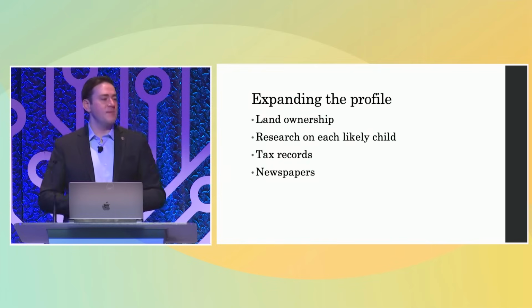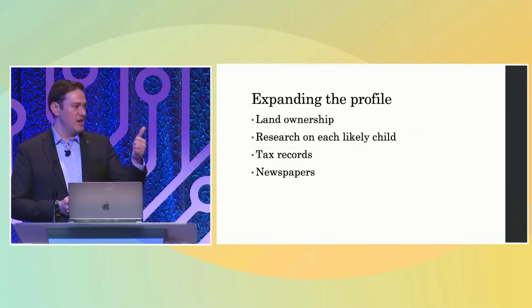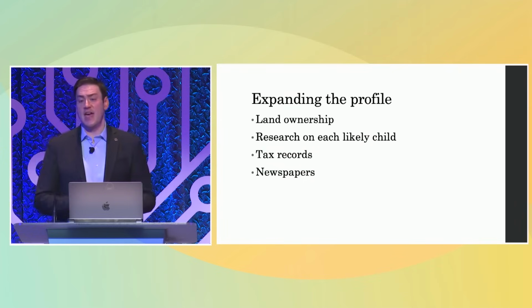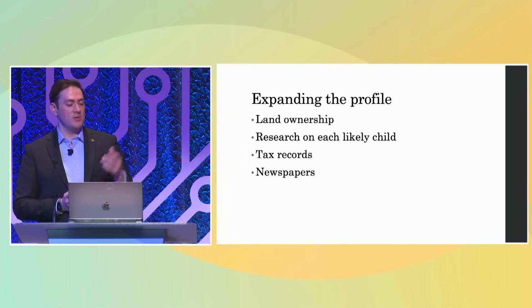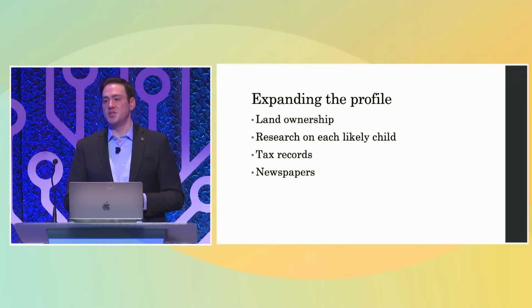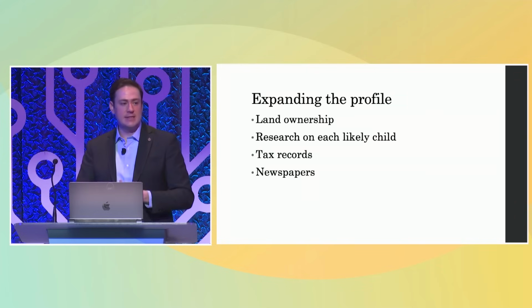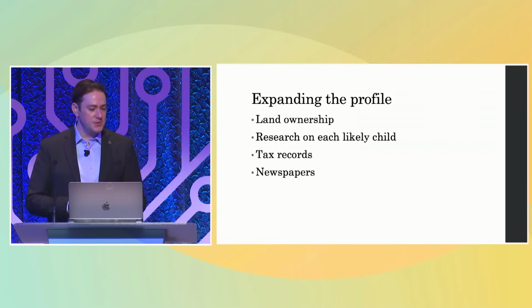Then I spend time expanding the profile. Land ownership. I identify that Ezra Kingsley of Bridgewater, Pennsylvania, bought a sawmill and operated a sawmill while he was there. I research each of those individual children that I believe are connected to him to see if there's any clues.